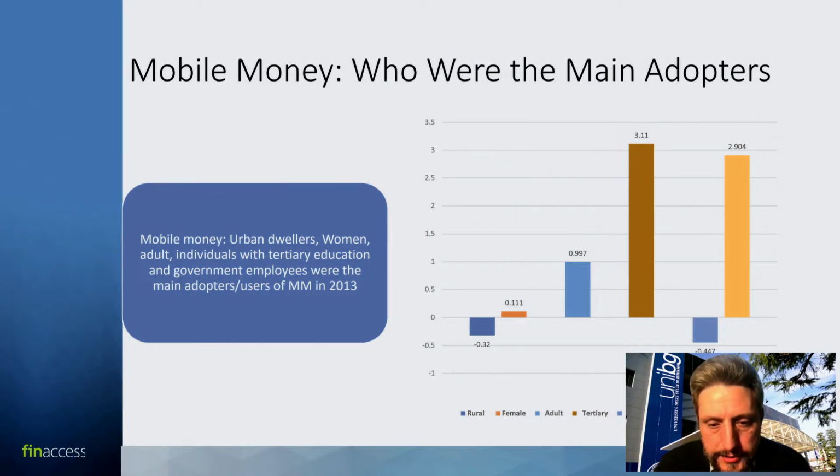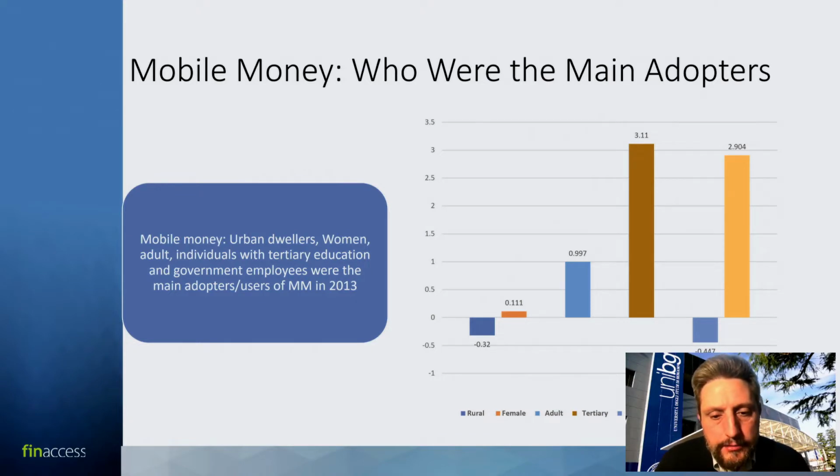We also notice that if we control for all other characteristics, so we hold all other characteristics constant, in the case of females, with respect to men, there is a small higher probability of adopting mobile money, but we notice that only when we control for all other characteristics.